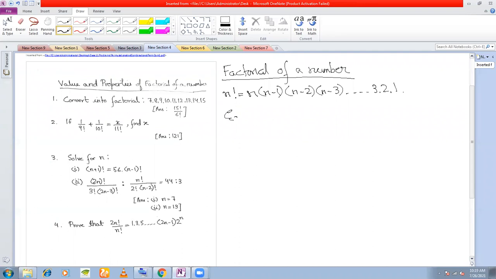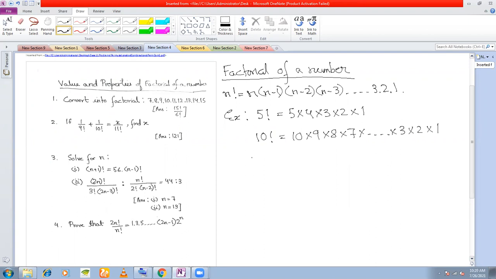For example, factorial 5 can be written as 5 into 4 into 3 into 2 into 1. Factorial 10 is 10 into 9 into 8 into 7 and so on up till 3 into 2 into 1. Clear?